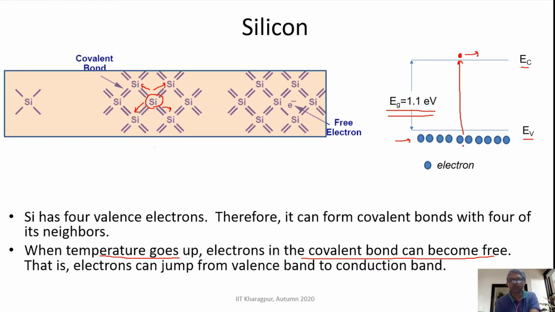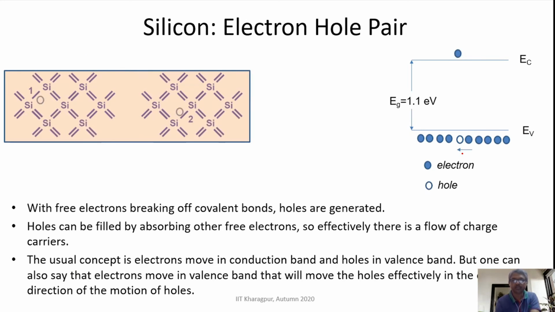Similarly, it will create a vacancy here, which we call a hole. Let's go to the next slide and see this aspect. These free electrons occur because of the breaking of the covalent bond.